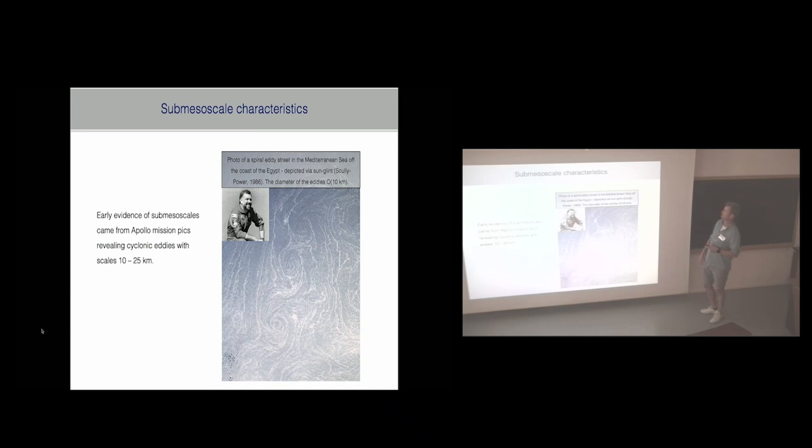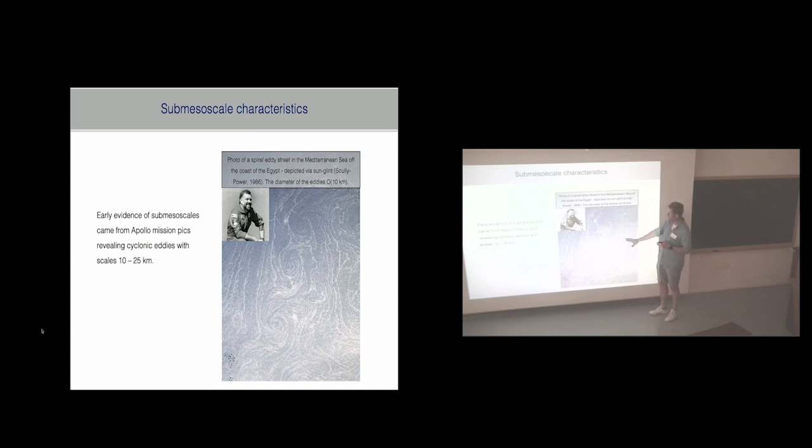So let's have a look at how the first views of these submesoscales were known in real reality, not just from numerical simulations. And here we have this astronaut, Scully-Power. He was, I think, on the space shuttle. And in 1986, he looked out the window when the spacecraft was moving off the coast of Egypt. And he saw this eddy train here, this submesoscale eddy train, evolving in the Mediterranean Sea.